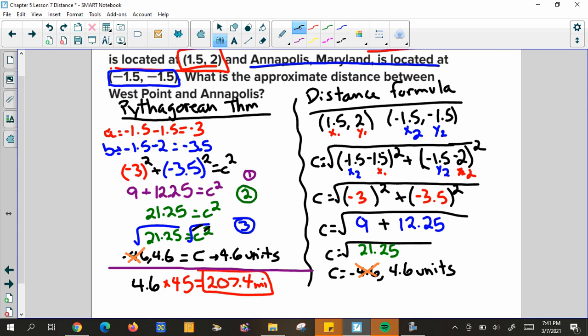Now, Pythagorean theorem only gives us units, so we are going to convert this using the fact that 1 unit is 45 miles, so 4.6 units times 45 will give me 207.4 miles.